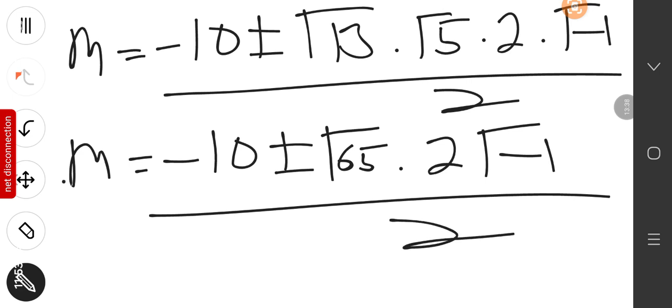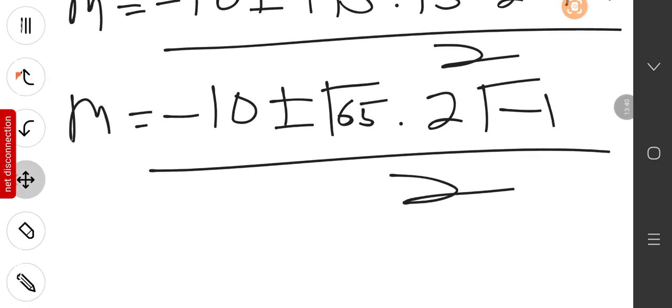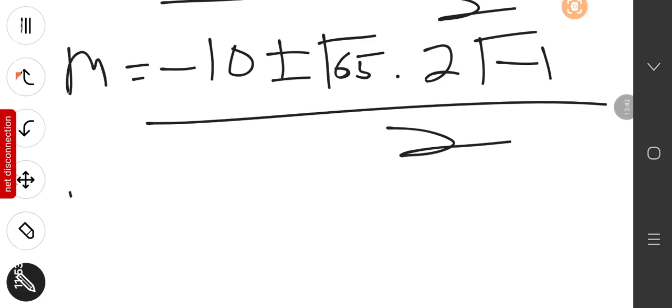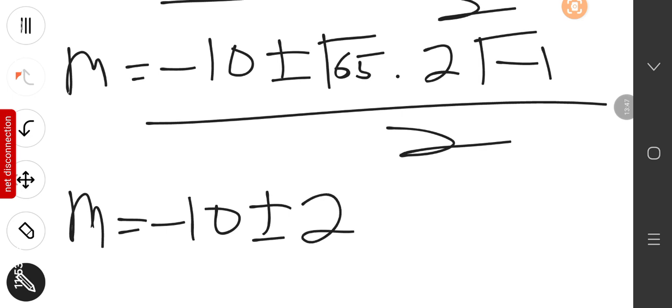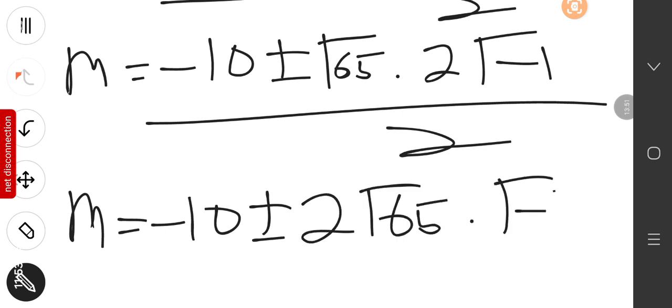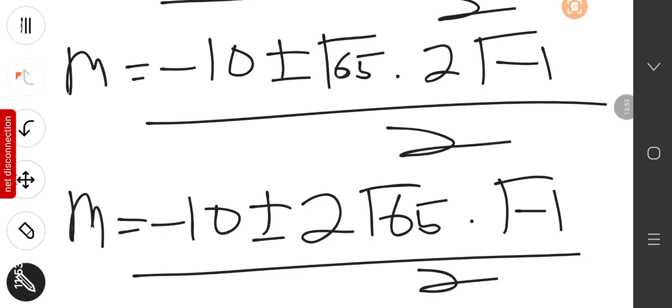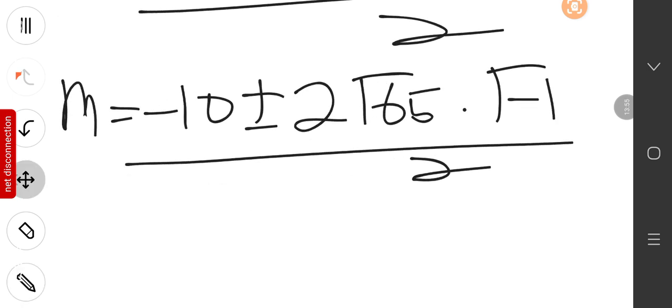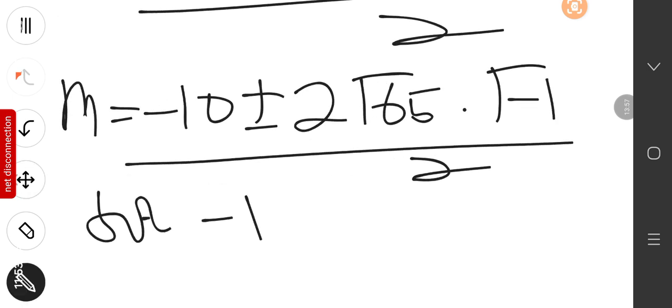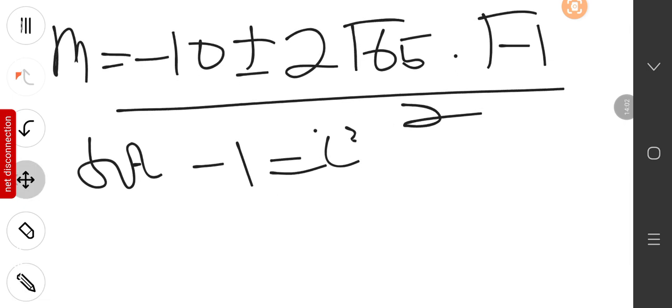all over 2. All right, so our equation becomes m equals minus 10 plus or minus 2 times the square root of 65 times the square root of minus 1 all over 2. All right, now minus 1 is the same as i squared. So where we see minus 1, we can write i squared.